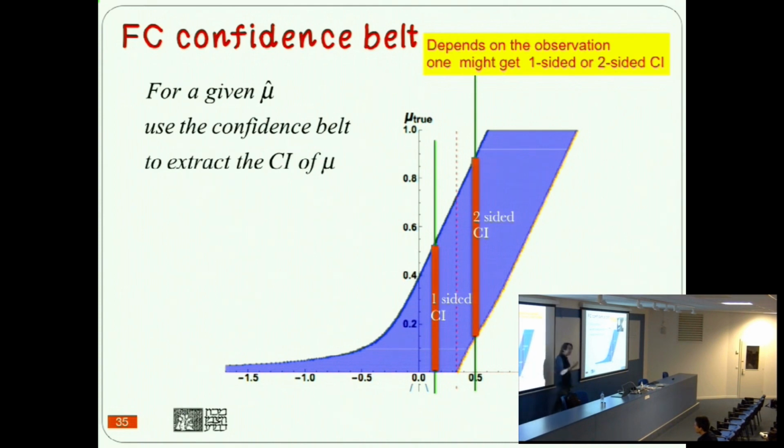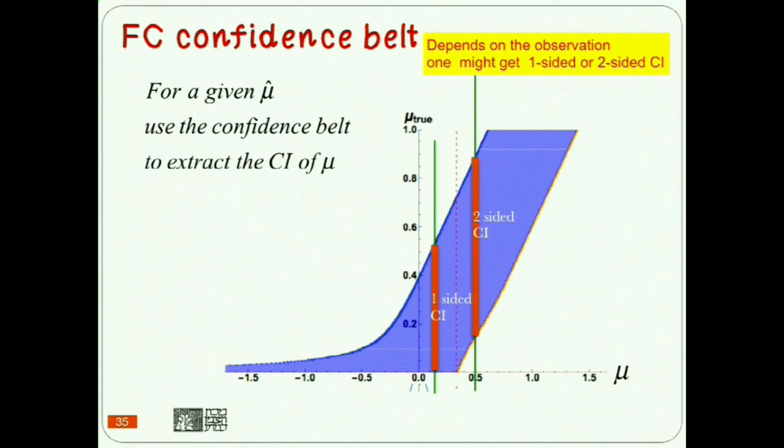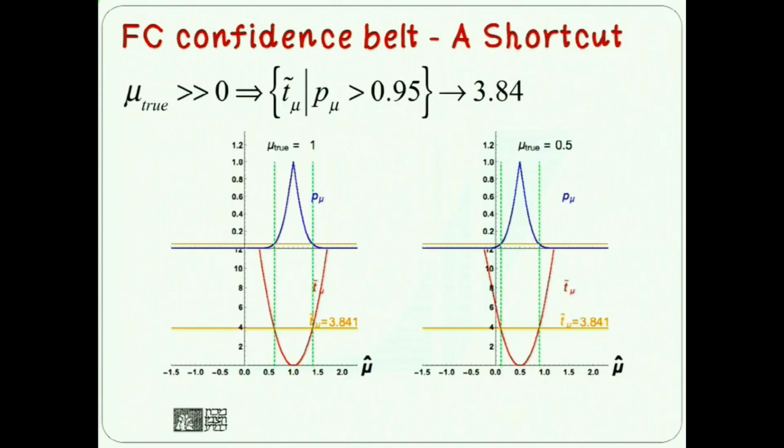So I let the data decide for me what type of interval I get, two-sided or one-sided. The data decides for me, and actually I get, by construction, a coverage as long as the asymptotics holds. But here's another observation that you get from the asymptotics that makes your life ultra easy.